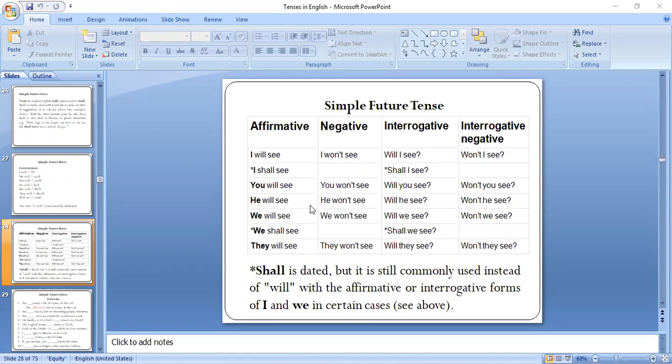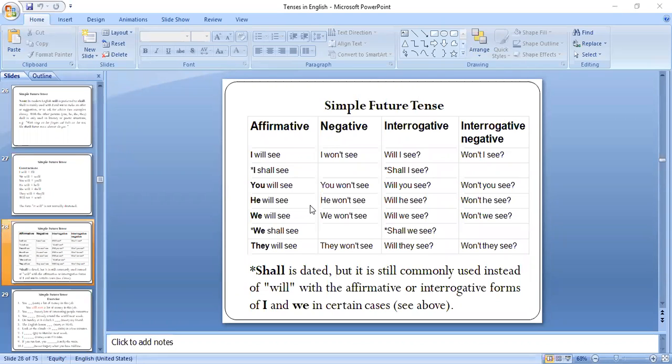Then its interrogative is will he see, and its interrogative negative is won't he see. He will see, he won't see, will he see, and won't he see.